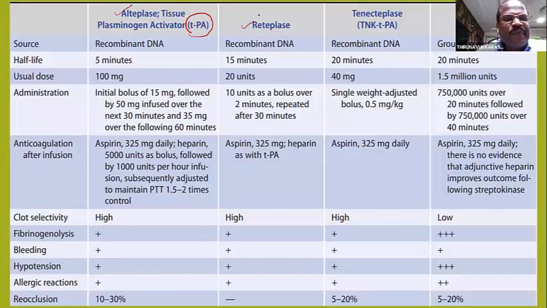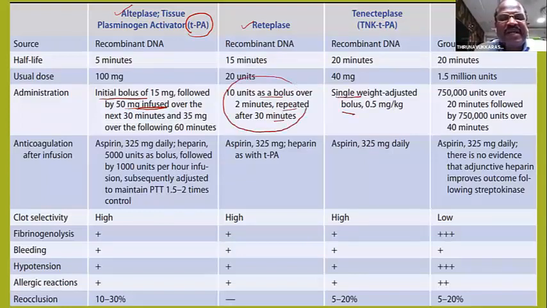They're very, very important. Alteplase is given initially as a bolus followed by infusion. Reteplase is also given initially as a bolus followed by a repeated bolus injection. Whereas tenecteplase is a single bolus injection.